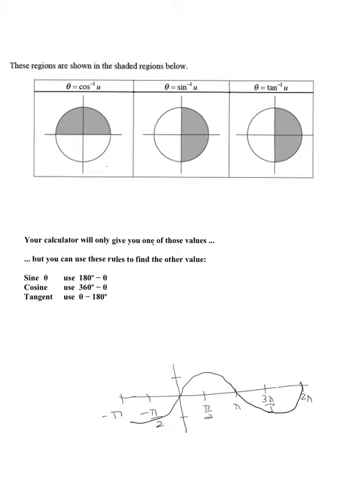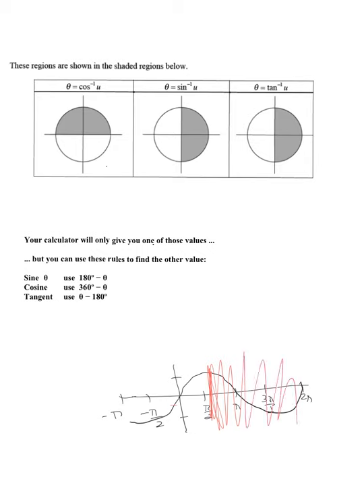Now, if I look across the entire function, I can clearly see that this function is not one-to-one. And in order to have an inverse, that function has to be one-to-one. So what we did was we said, okay, well, let's just break off a piece of this. Now, I can't go from 0 to pi because that wouldn't be one-to-one either. Remember, it'll have to pass a horizontal line test.